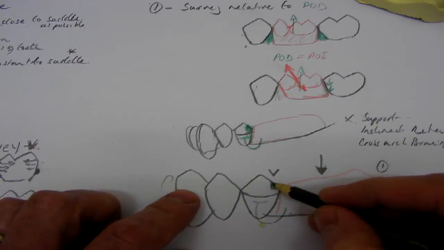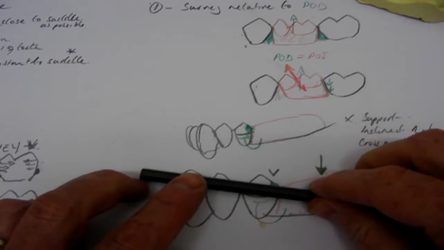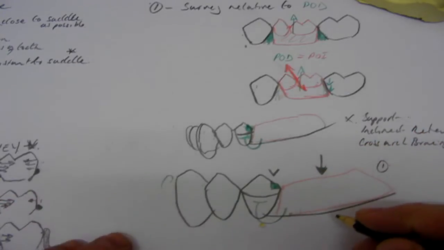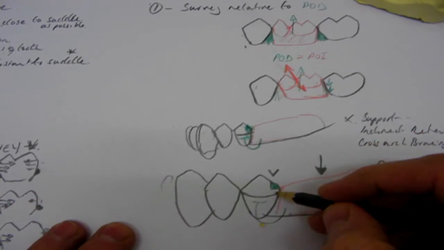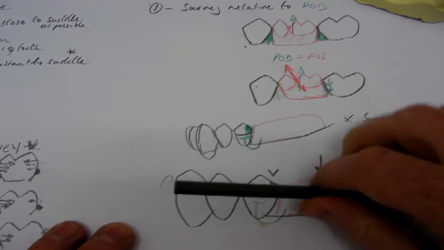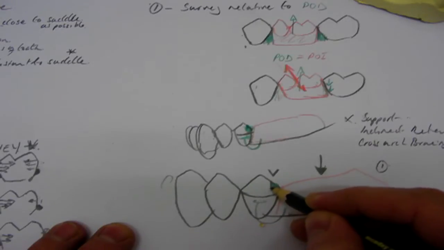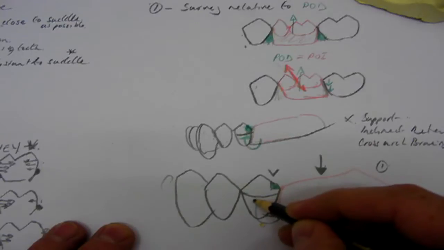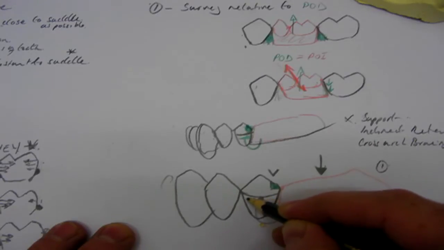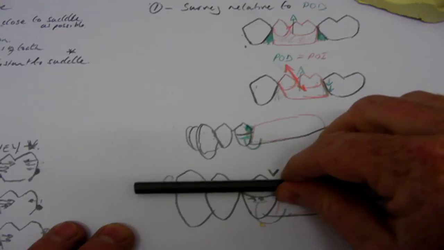So everything behind that pivot moves down, and everything in front of the pivot moves up. Okay. So what we find is that as this pivots, the clasp arm here, the clasp tip, is in front of this pivot and engages the undercut and pulls up on the tooth like so.